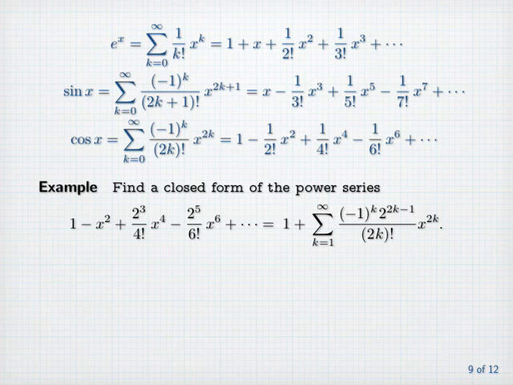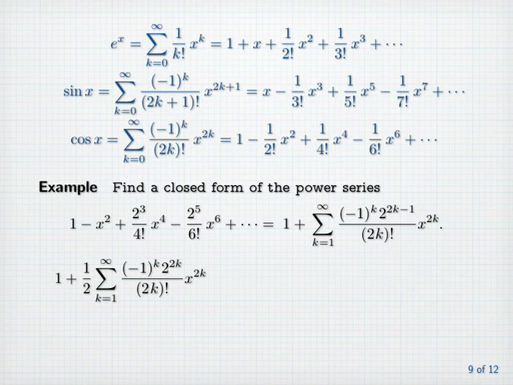So we'd like to rewrite that kth term as minus 1 to the k over 2k factorial times something to the 2k power. By factoring out 1/2, 2 to the 2k minus 1 power becomes 2 to the 2k power, and so our series becomes 1 plus 1/2 times the sum of minus 1 to the k over 2k factorial times the 2k power of 2x.